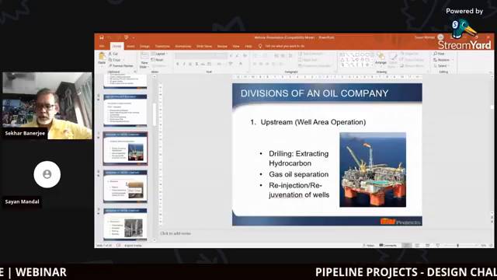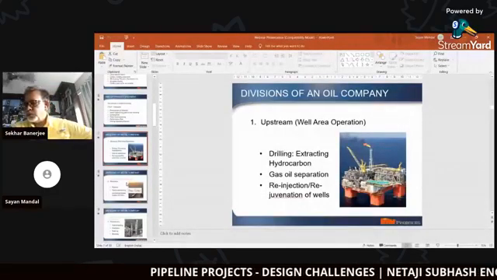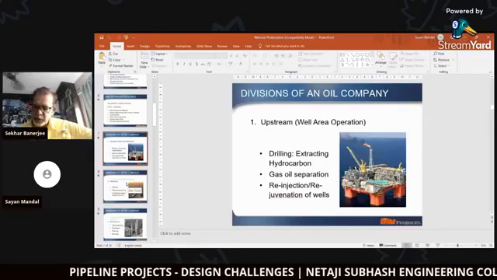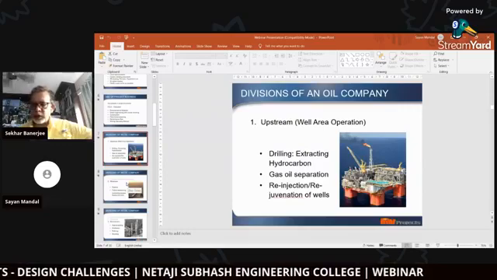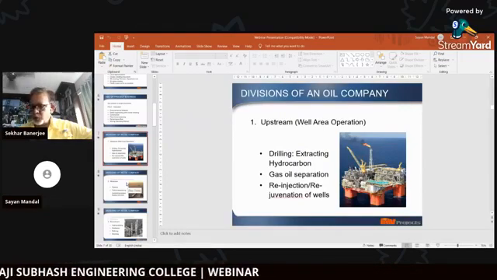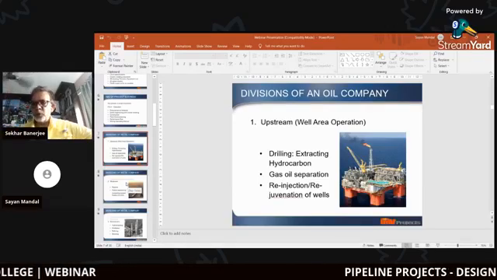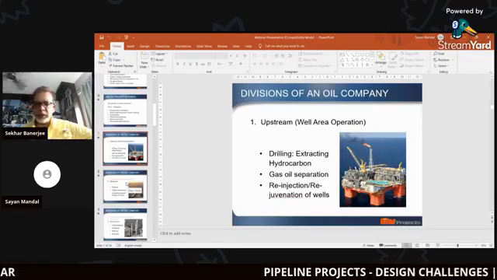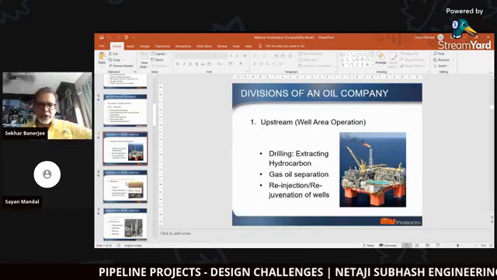So here, like the one in the picture, they make another hole and inject seawater into the well. Since crude is lighter, crude floats up and comes out. So we take the last 30% of oil by rejuvenating or by re-injection. That's also our upstream operation.